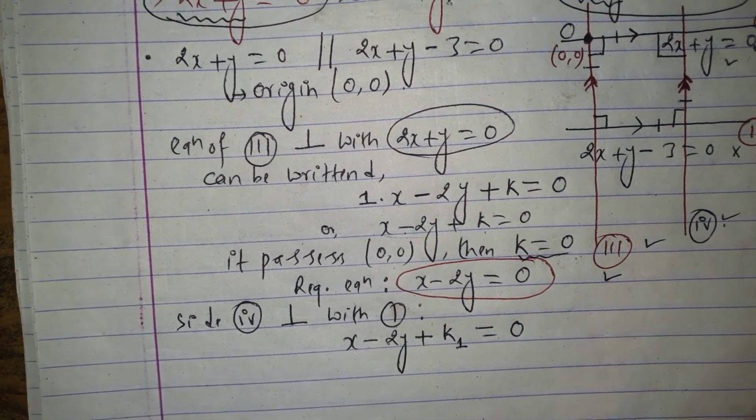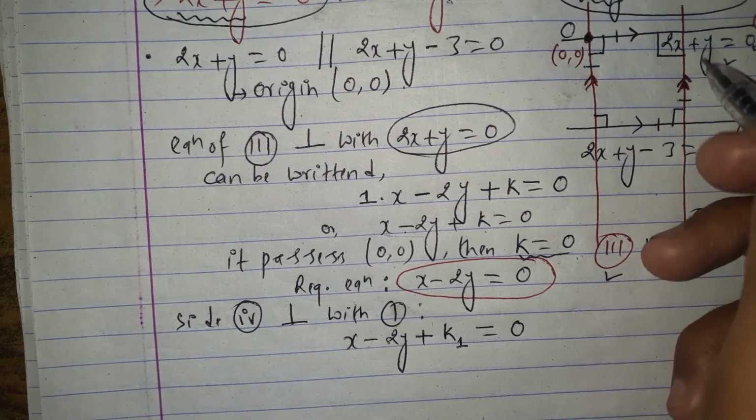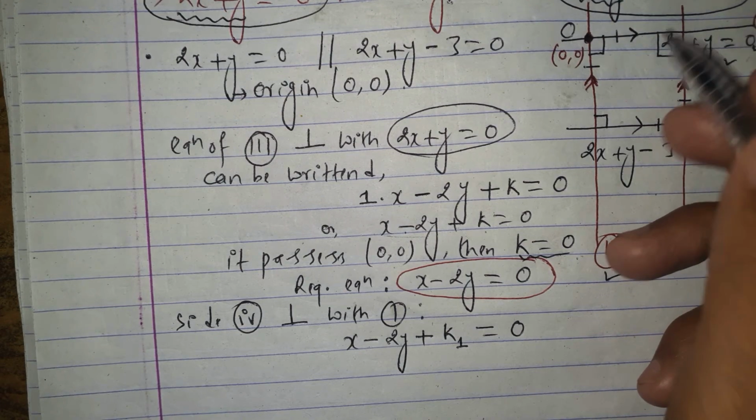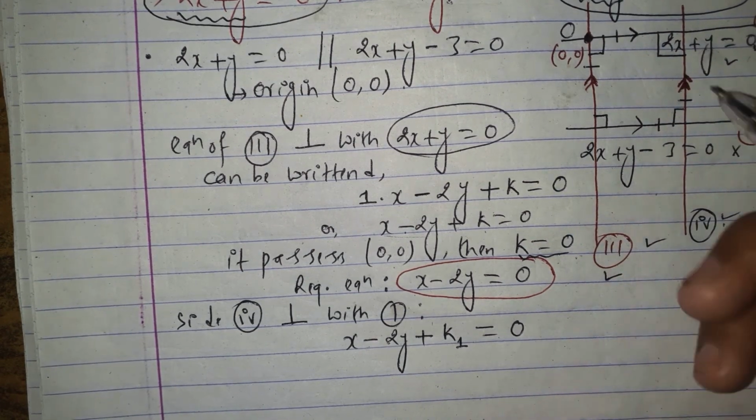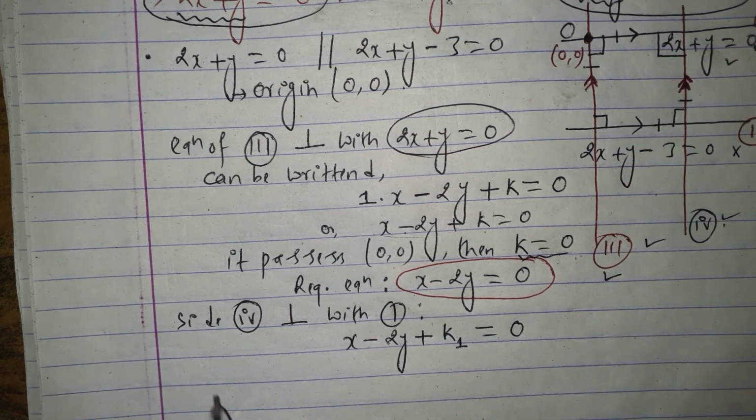To calculate the constant k1, we can use the concept of the equal sides of a square.